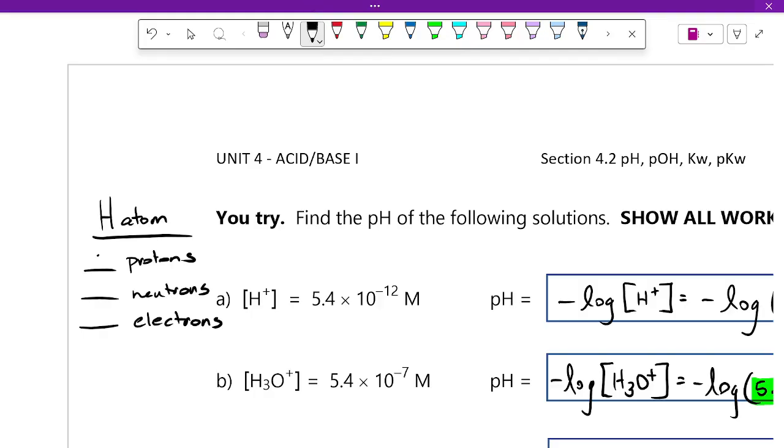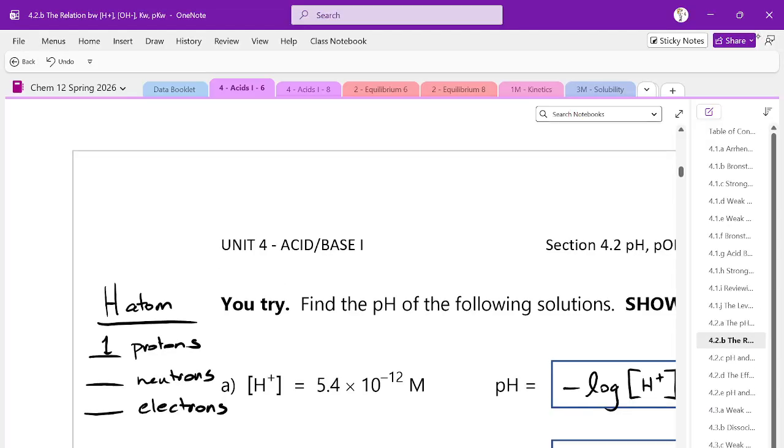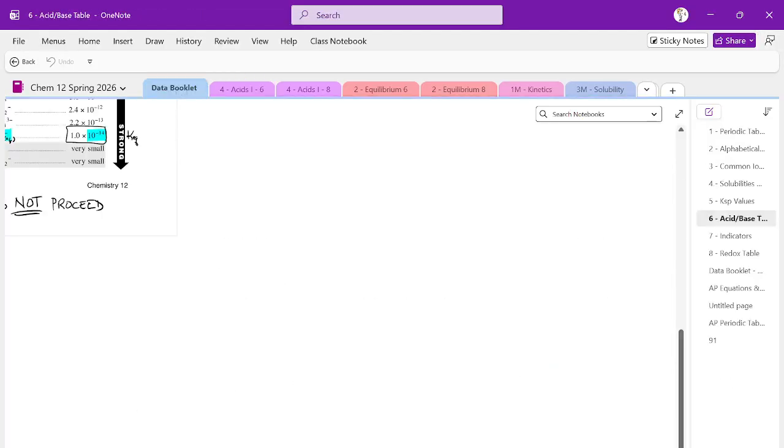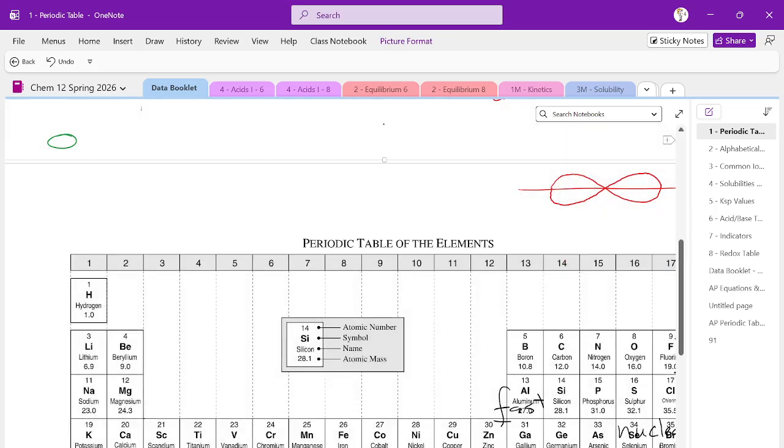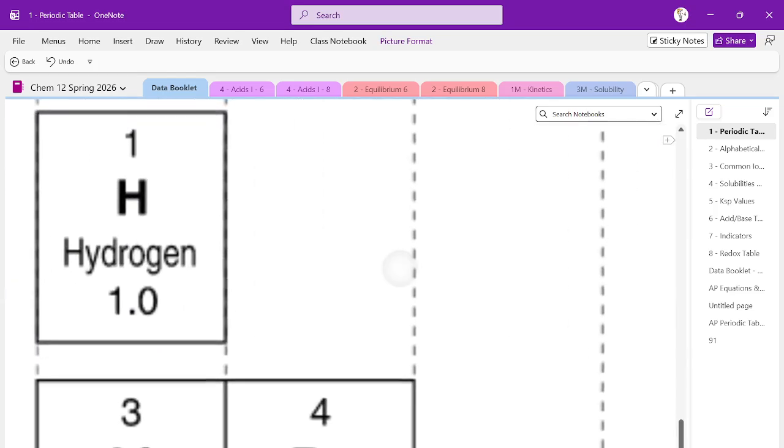There's one proton. How do you know that? I counted. It's on the table. Okay, so if we go to our periodic table and we look here, right, there's a 1.